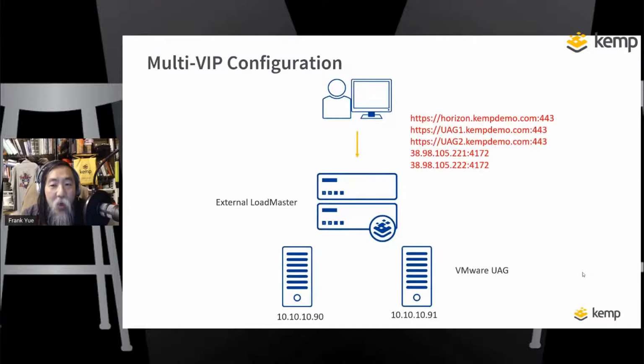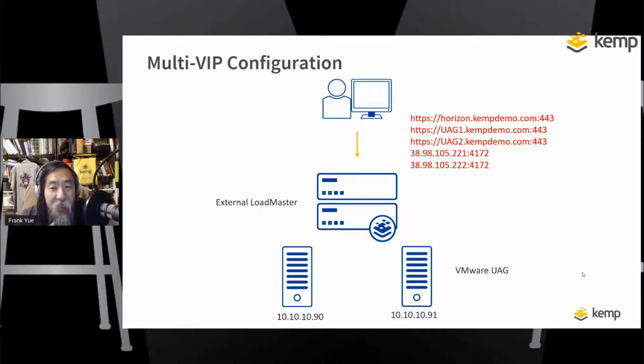I have UAG1.kempdemo.com and UAG2.kempdemo.com. And I have the IP addresses listed on the PCoIP ports, which translate to .221 and .222. So this is how I'm creating that distinction to get the load balancer to work with these different UAGs.